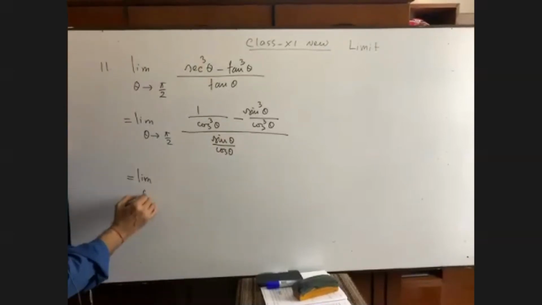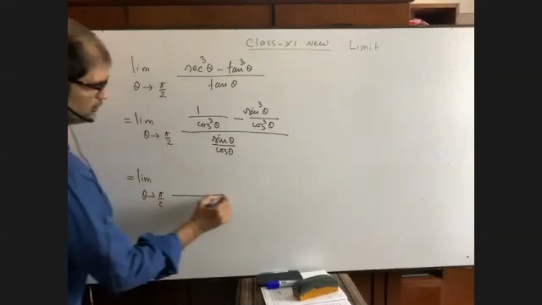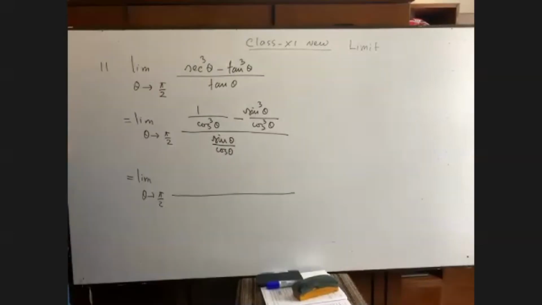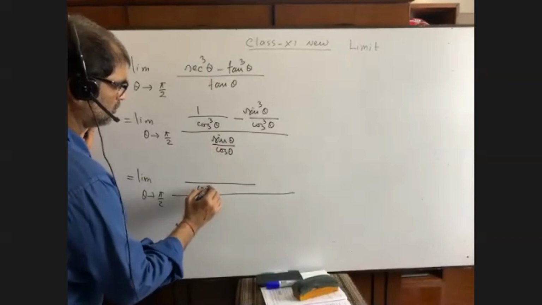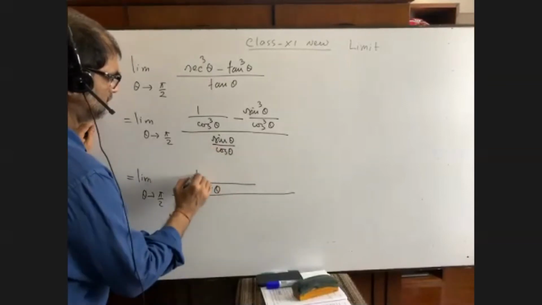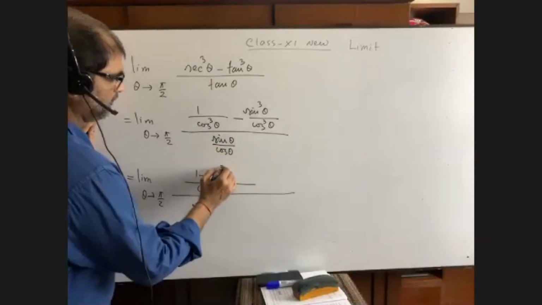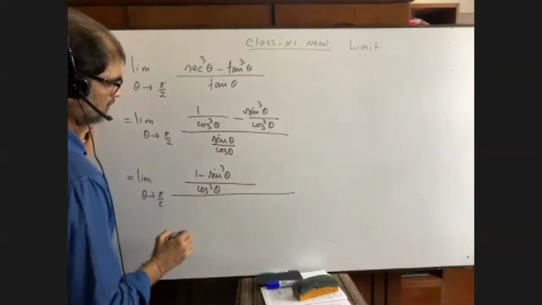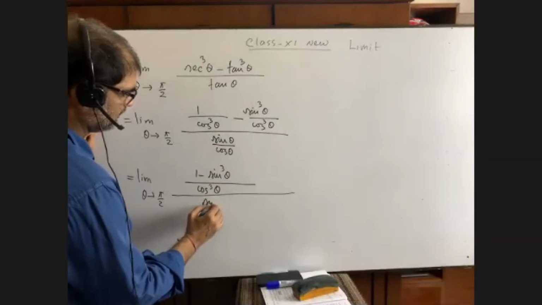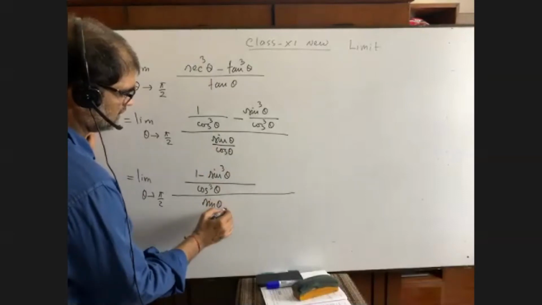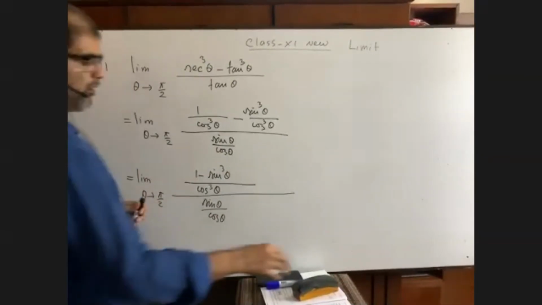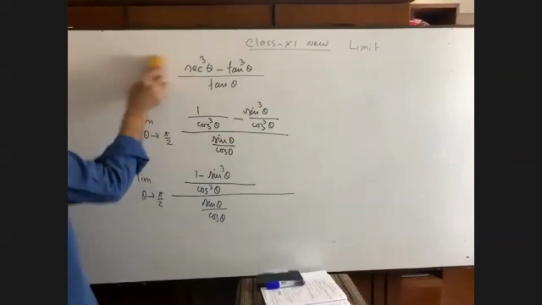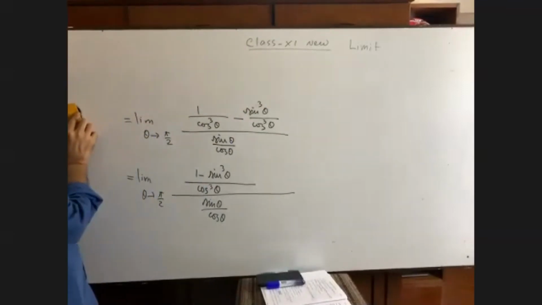Limit theta tends to pi by 2. Can you please let me know? It is cosine cube theta, 1 minus sine cube theta, right? By sine theta into cos theta. Let me know. I think you have copied this line.